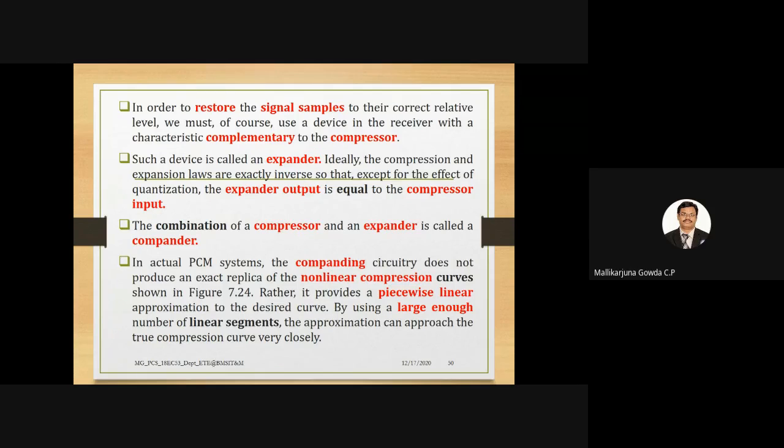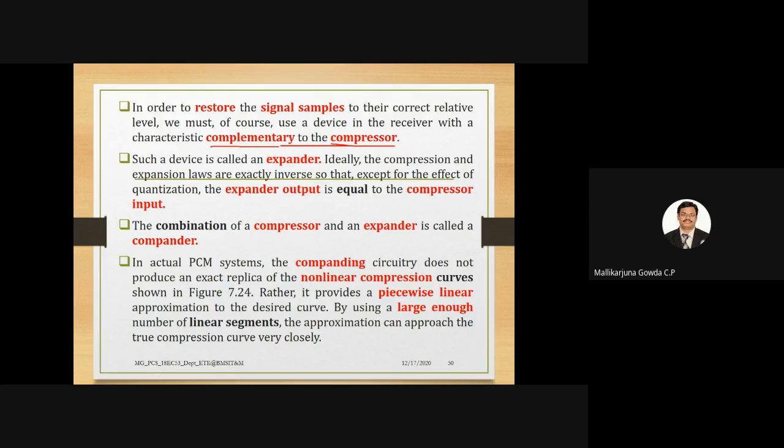To restore the signal samples to the correct relative levels, we need a device in the receiver which has characteristics complementary to the compressor.